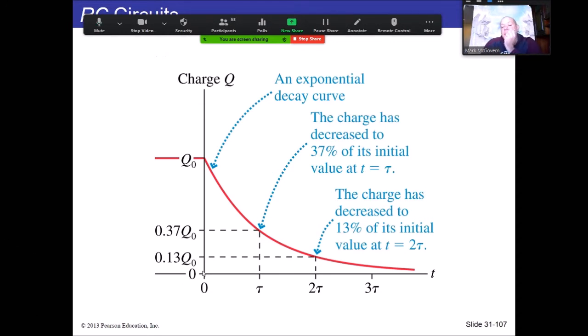That's interesting. And of course, the rate at which this curvature changes is going to be dictated by tau. So it's altered by having a different resistance and a different capacitor. If you were to up the resistance, your time constant goes up.